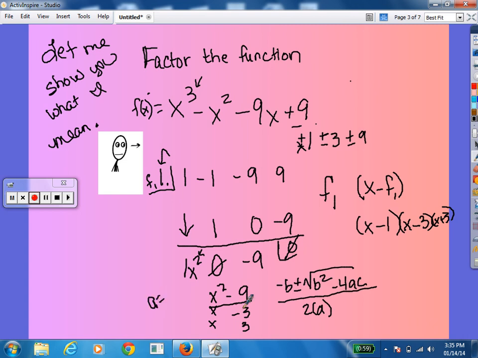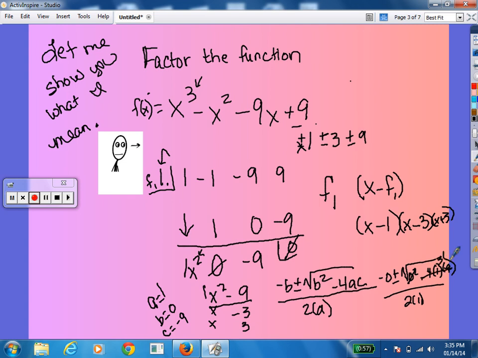Your a is 1, your b is on your x, which doesn't exist, so 0, and your c is your -9. So if you plug those in, you get the opposite of 0 plus or minus the square root of 0 squared minus 4 times 1 times -9, all over 2 times 1. So that's 0, and that ends up being positive 36.